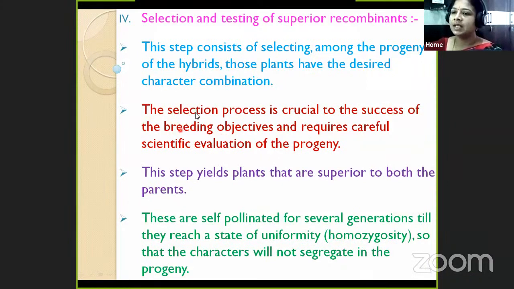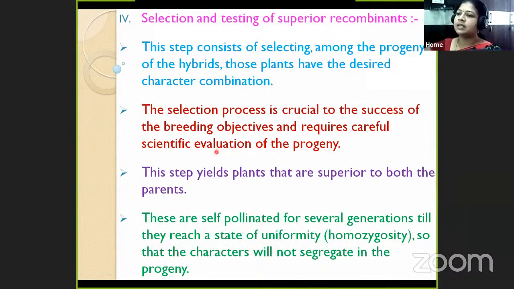Okay, the selection process is crucial to the success of breeding objectives, and it requires careful scientific evaluation of the progeny. In this step, scientific evaluation means checking whether the hybrid has superior qualities or not.